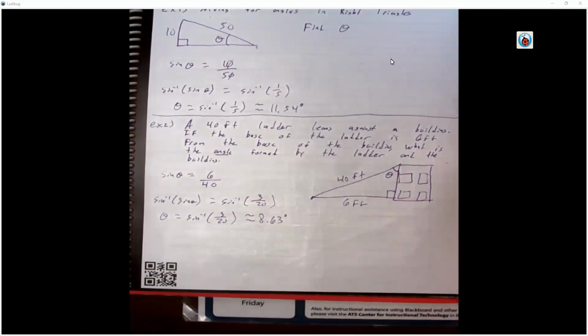You also have some pre-cal equations after some word problems. Let's do that next.